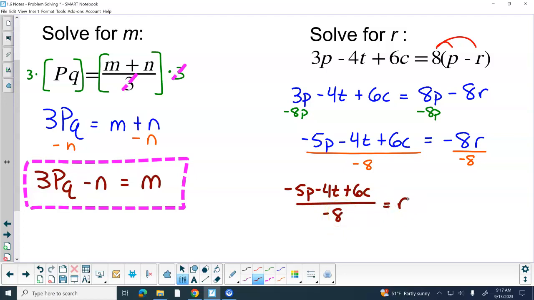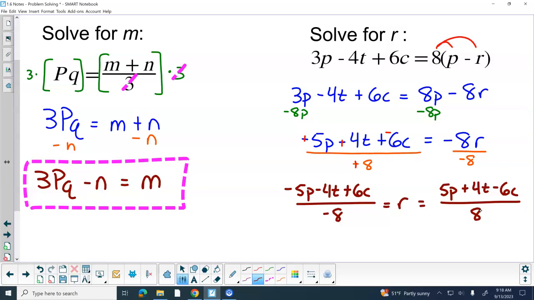Or I could say, well, I don't like that negative sign hanging there on the bottom, and so I could make that negative sign be positive there, which would change that one to a positive, that one to a positive, and that one to a negative. I could distribute the negative 1 up top. And so then this would be also 5p plus 4t minus 6c all over 8. That would be an acceptable answer.